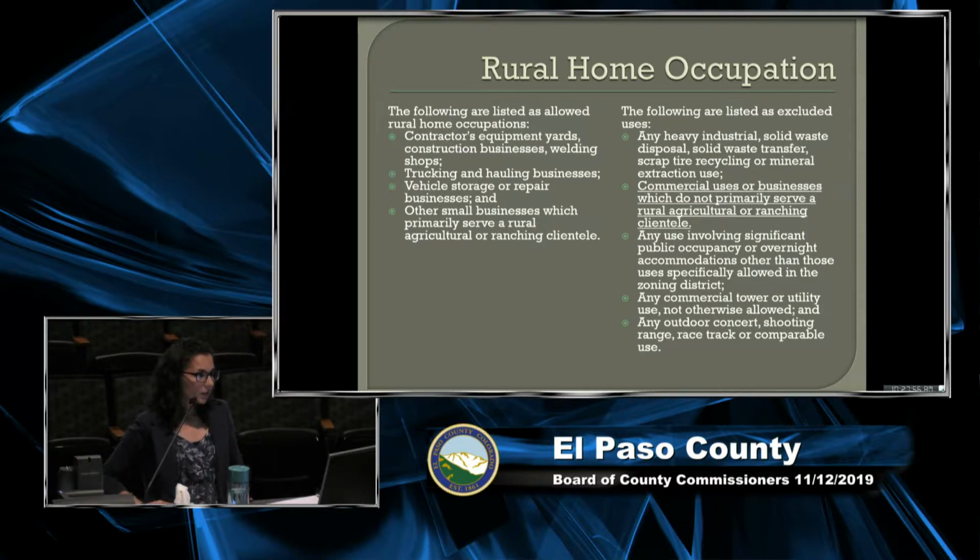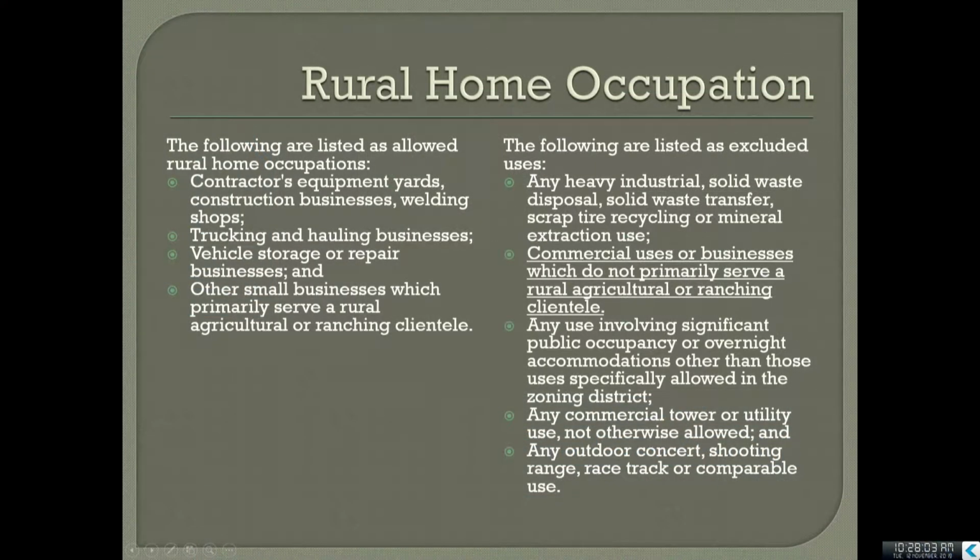So if we look at the uses that are specifically allowed as rural home occupations, you'll see the very last one is other small businesses which primarily serve an agricultural or ranching clientele. And then if we look under the excluded, we have commercial uses or businesses which do not primarily serve a rural or agricultural clientele. So that seems like it makes sense. But if we look at the uses that are included, it includes contractor's equipment yard, construction business, welding shop.